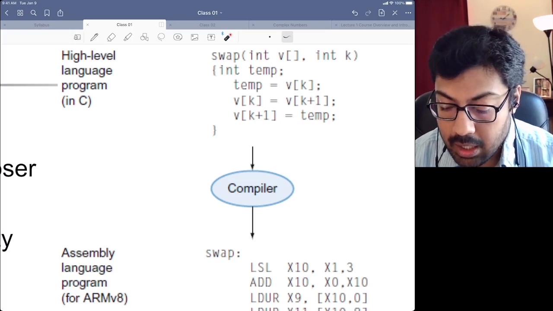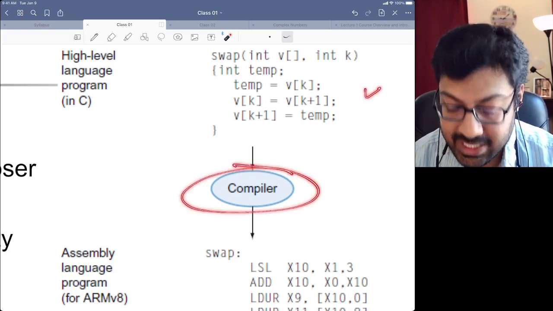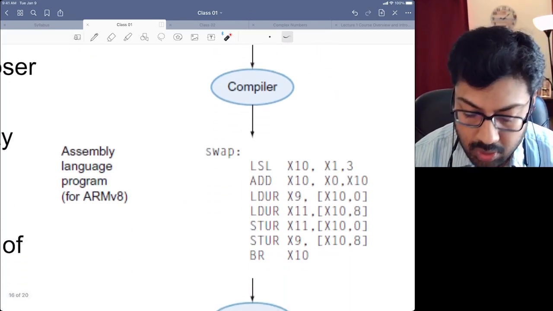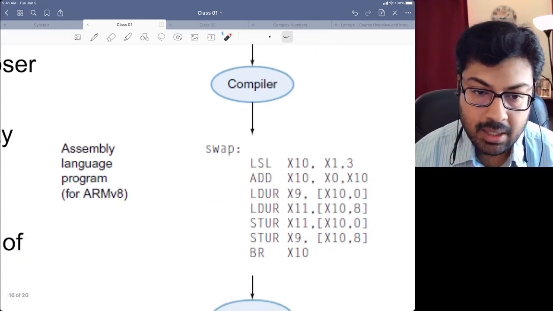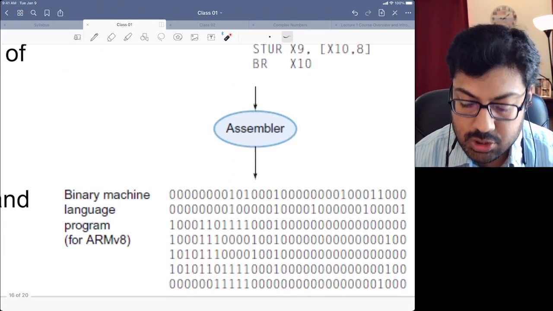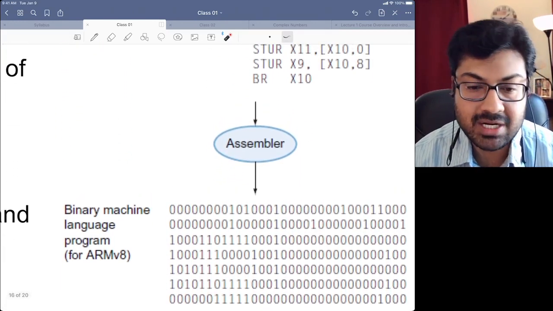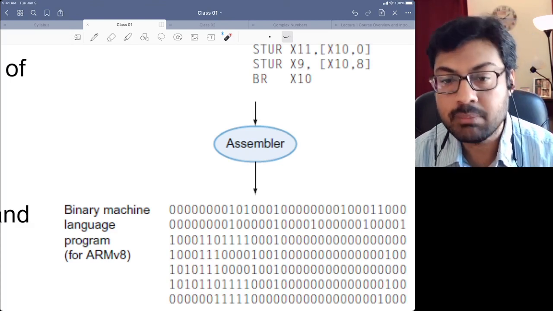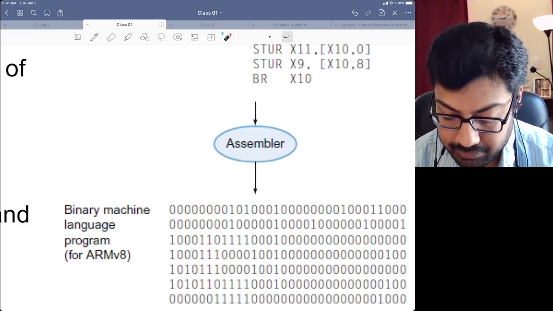The job of the compiler is essentially to translate your C program into an assembly language program, which looks like this, and then the job of an assembler is to take that assembly language program and translate it into a bunch of zeros and ones, which the computer can understand and work on.